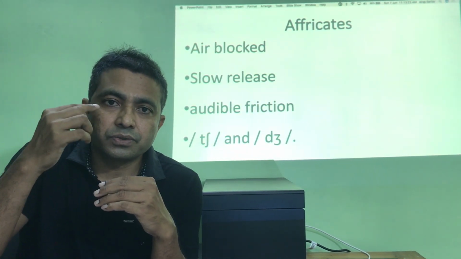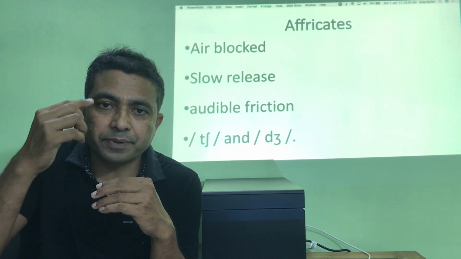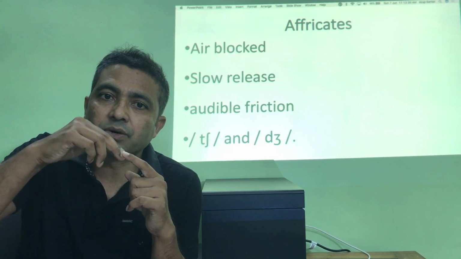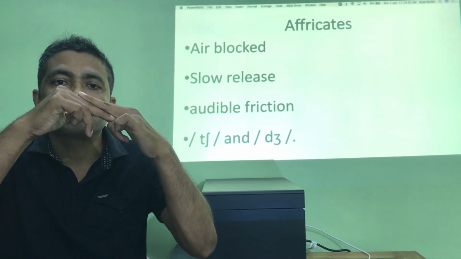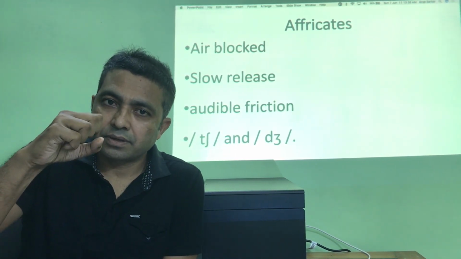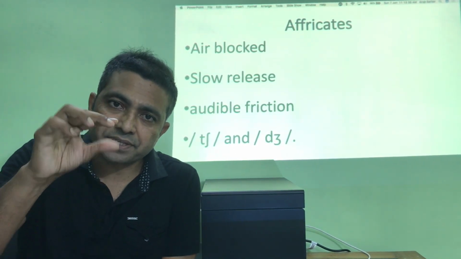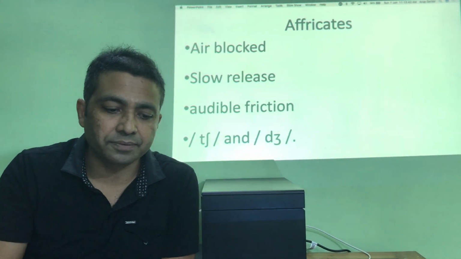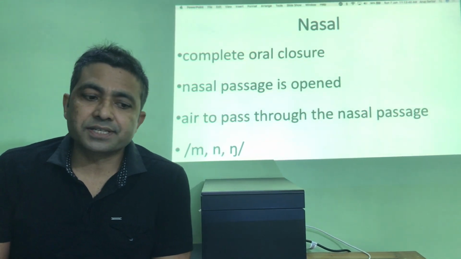The front of the tongue, the tip of the tongue, goes to the hard palate and they block each other. Then cha. So full block, air compressed, slow release, and they are called affricates. Cha, ja. Then we have nasal sounds.